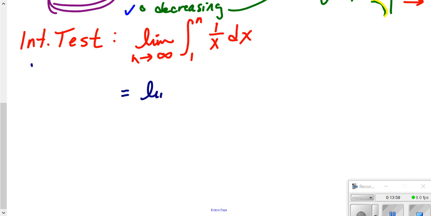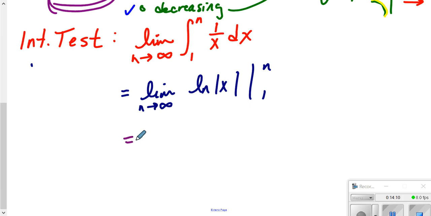So I know that my antiderivative is natural log absolute x. Here are my bounds. If you wanted to write that with a b instead, out of habit, that would be totally fine. I do kind of shift to an n when I'm doing integral test usually. Habits. Okay, and then plug in your bounds.